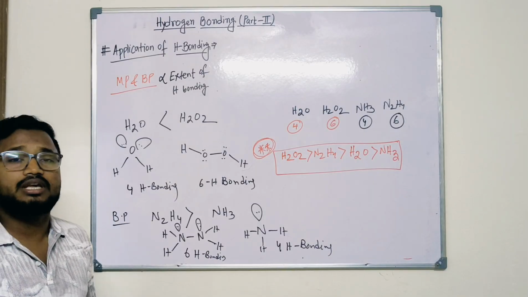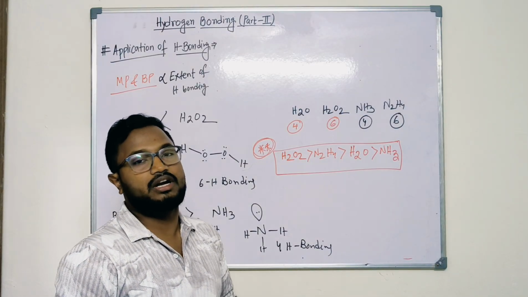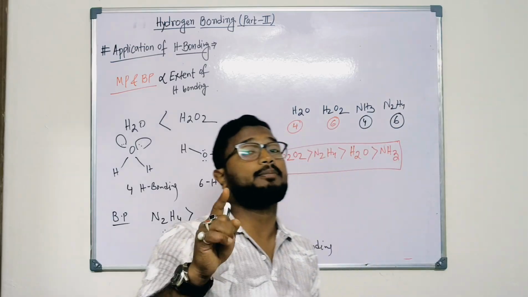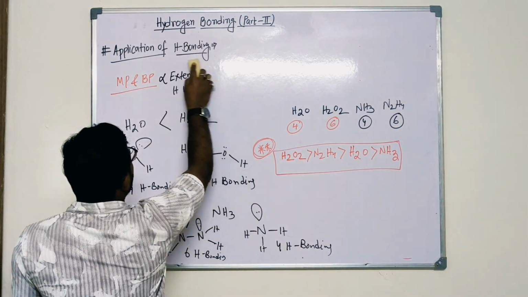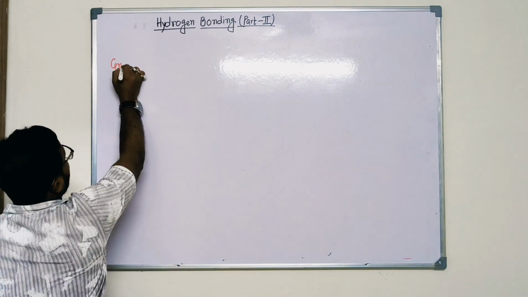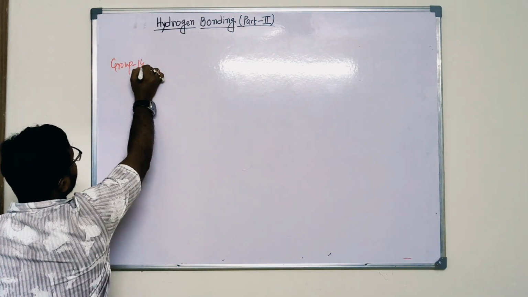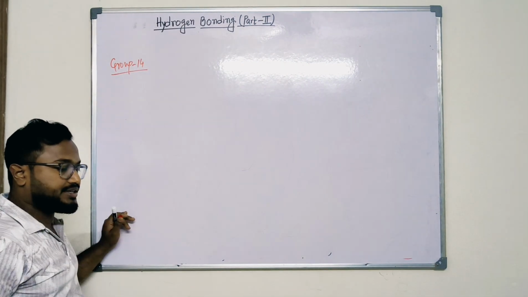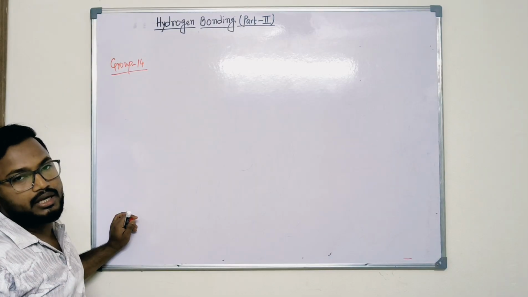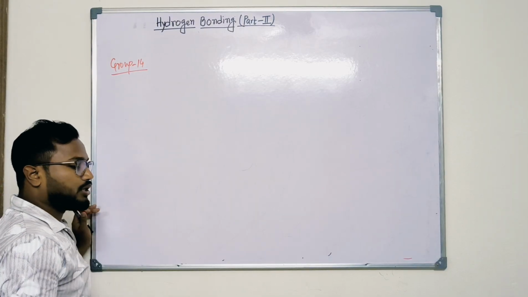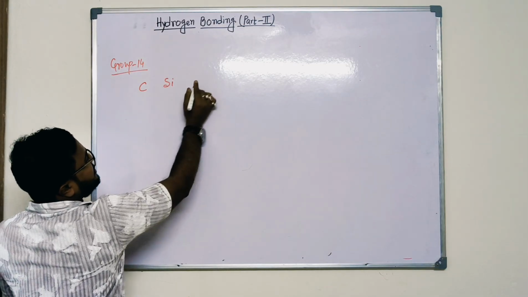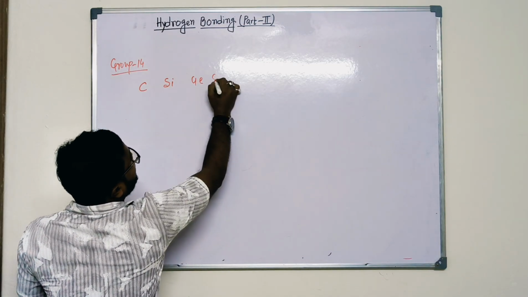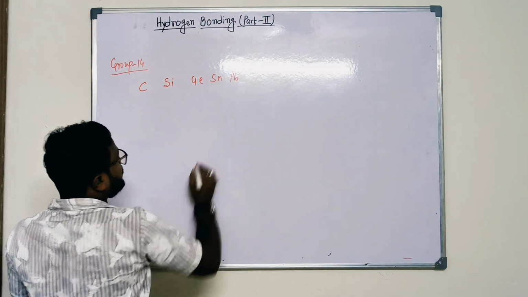Now we are going to see the same characters in different groups and how their melting points are varied. Let's check from group 14 to group 18. Group 14. In all the cases, we are going to check their melting and boiling point. Group 14, what are the elements? You can remember like Kasi, Gaye, Sant, Prabhu.